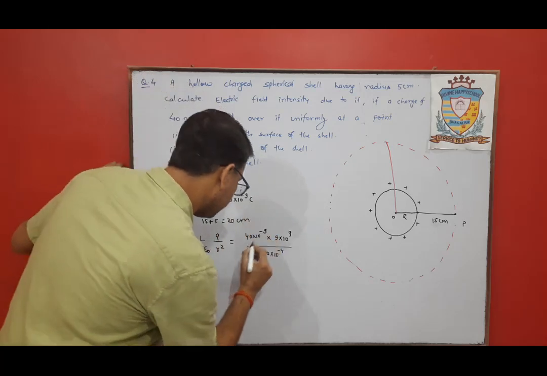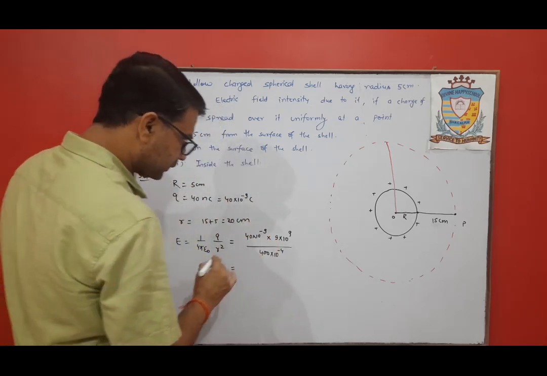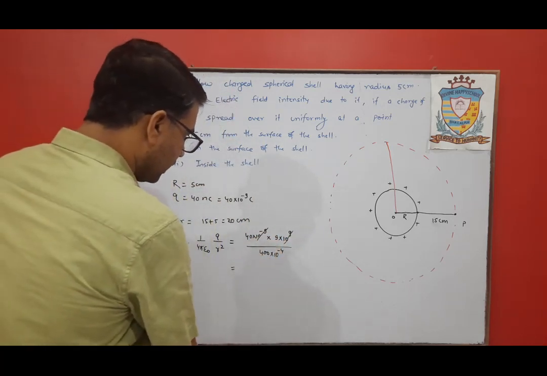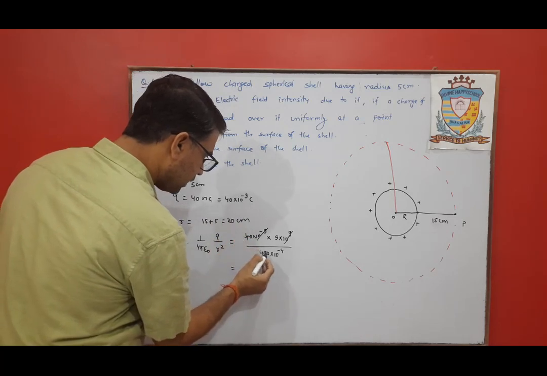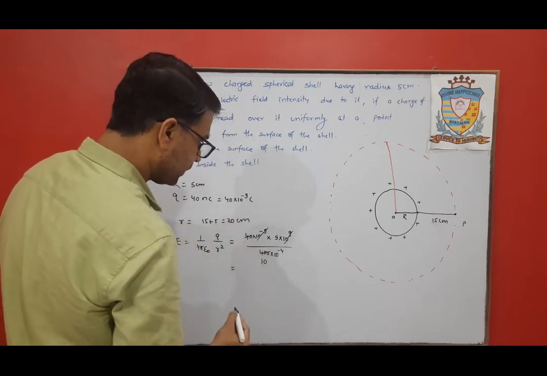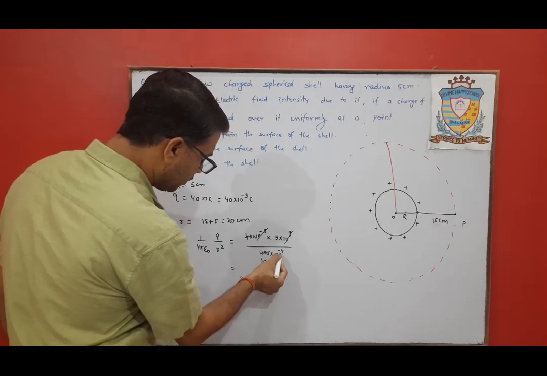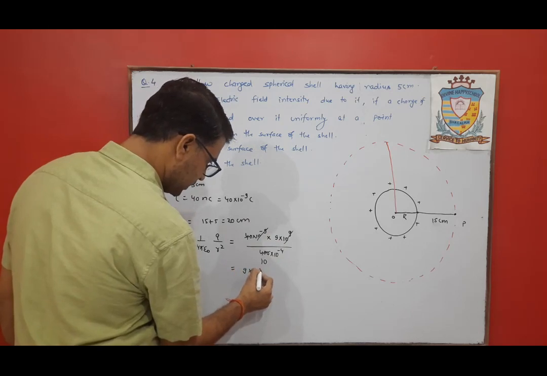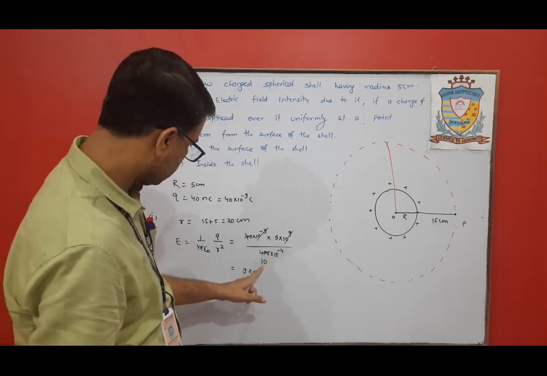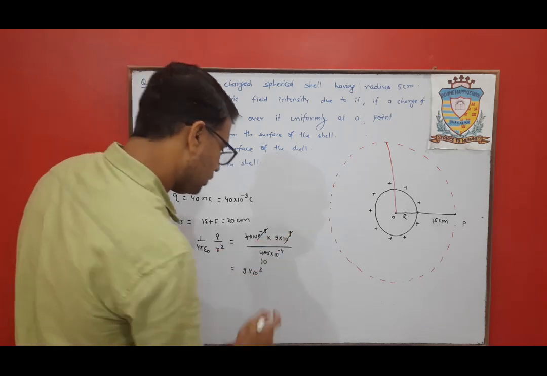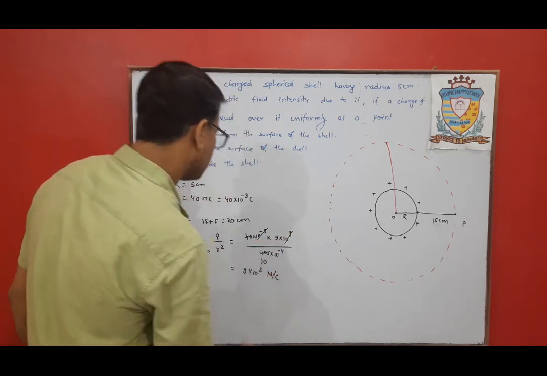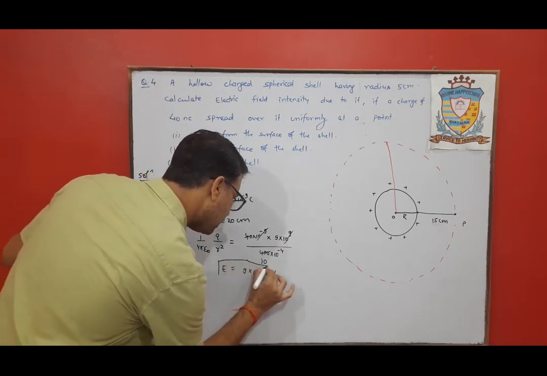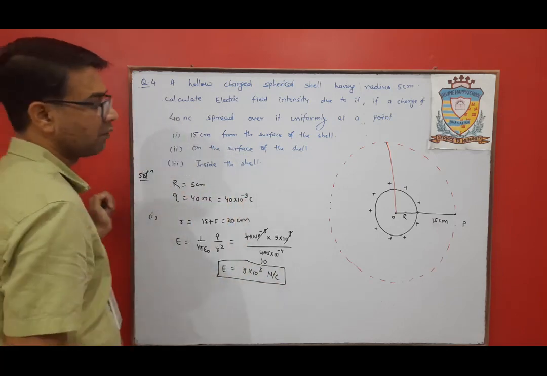Now if we solve it, these two will cancel each other. Okay, 40 over 400 gives 10 to the power minus 1, so the result is 9 into 10 to the power plus 3 Newton per coulomb. So this is the electric field intensity at a distance of 15 centimeter from the surface of the cell.